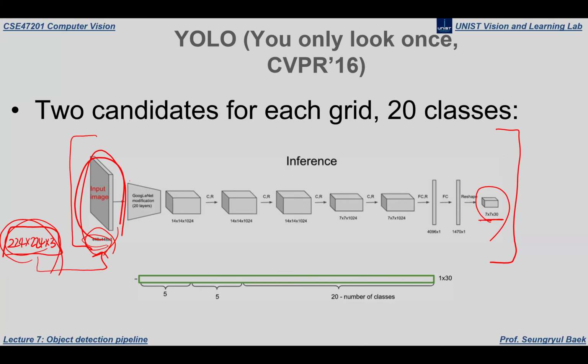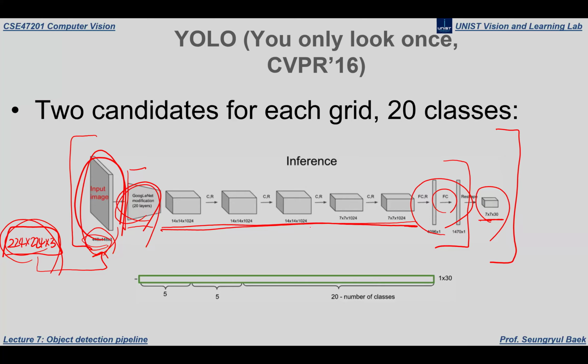Inside, they also have FC layers and other convolutional layers, with the GoogLeNet architecture as the backbone. They first use GoogLeNet, then apply multiple convolutions and an FC layer to map it to a 7 by 7 by 30 dimensional output.